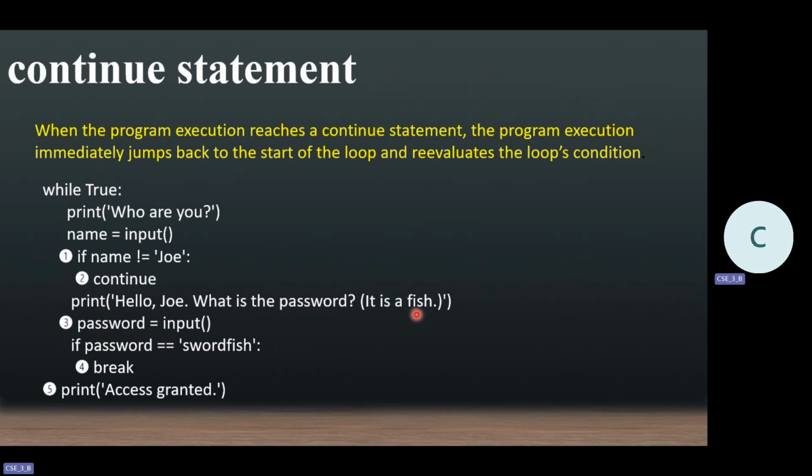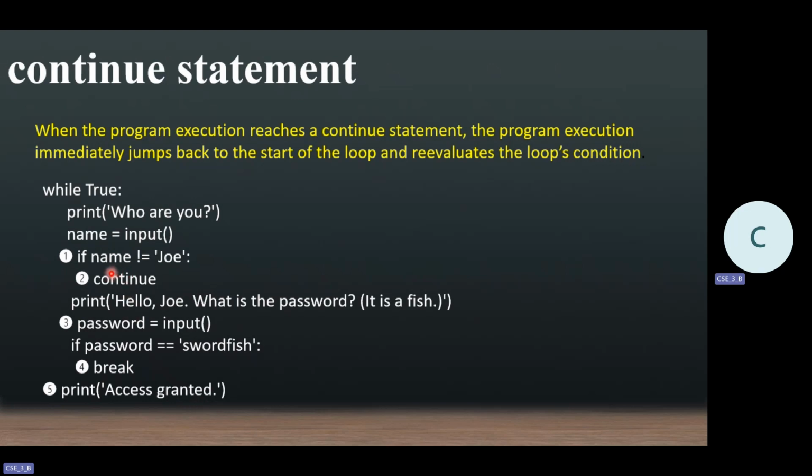Here a hint has been given, the password hint, it is the name of a fish. Then we check if password is equal to swordfish. We are comparing the actual password with whatever the user has given. If it is equal, we can come out of the while loop and print the message, access granted.